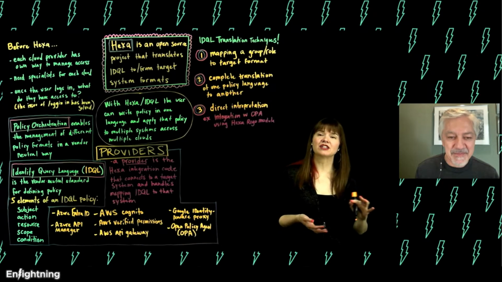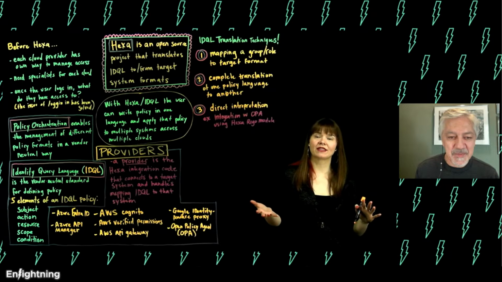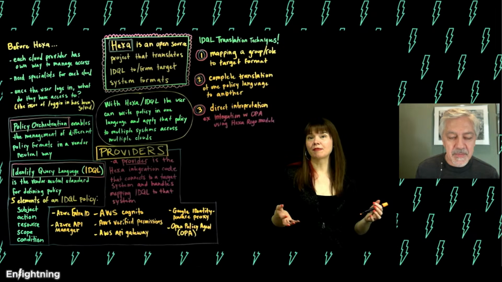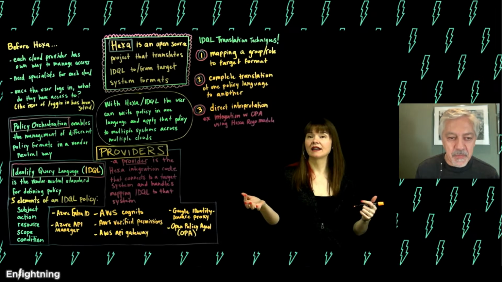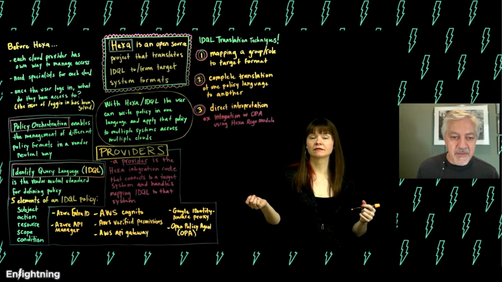So if you're managing your policies with Open Policy Agent currently, what benefit would you see by using Hexa? Well, if you are already running it and you already have Rego policies, we do not have any means to translate them to IDQL or any other format.